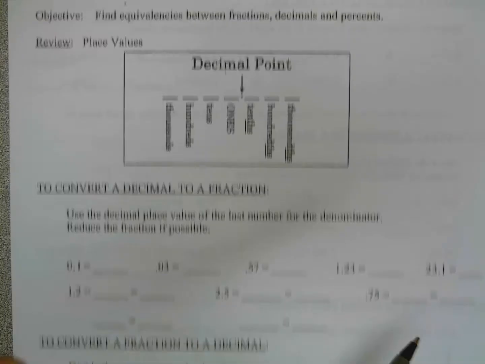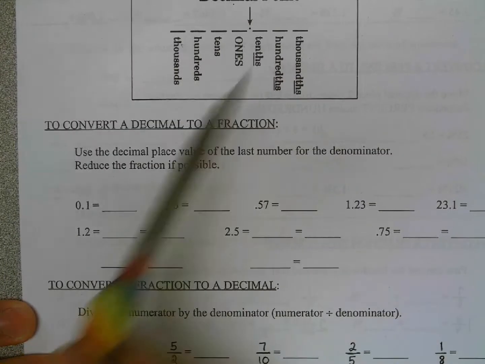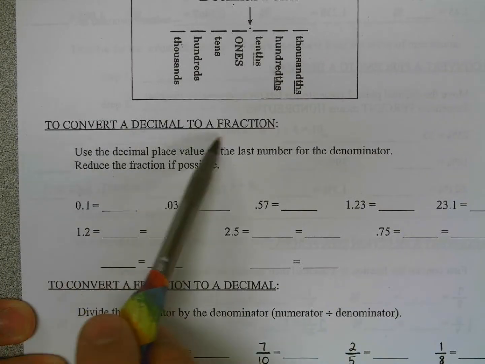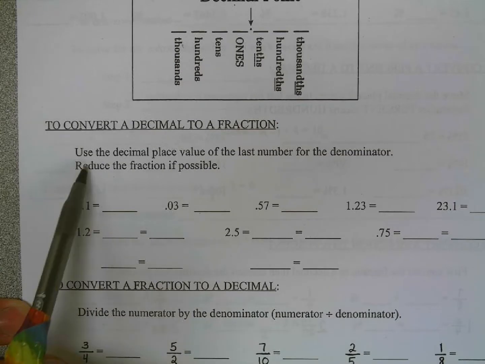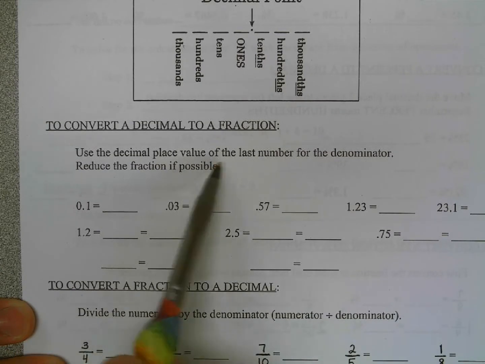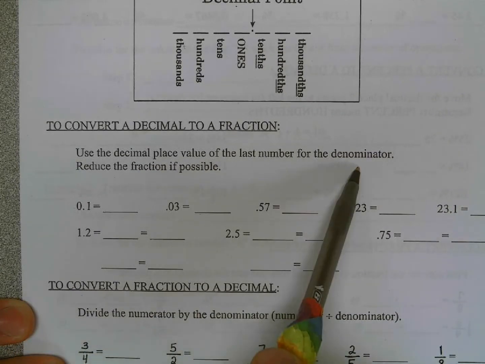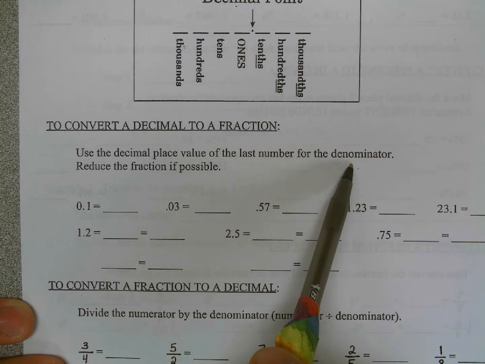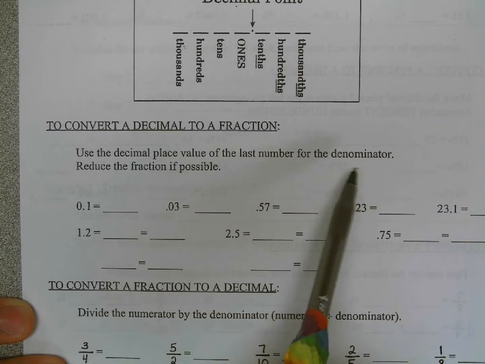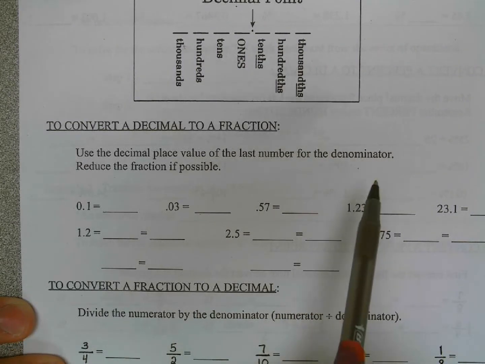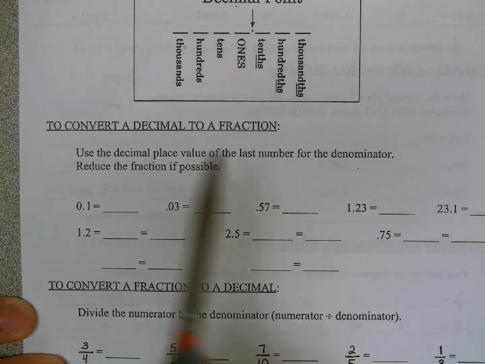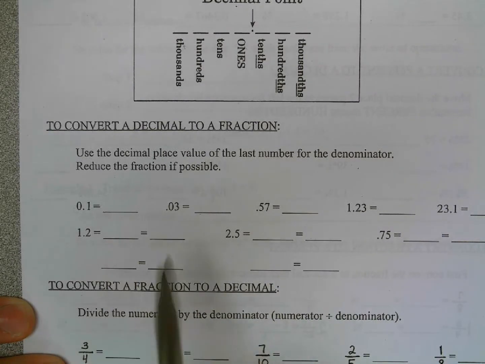So in our notes today, we're going to go ahead and convert our decimal to a fraction. Use the decimal place value of the last number for the denominator. That means the bottom. Denominator, that's bottom, that's low. Numerator, that's the number at the top. And the decimal number we'll use as our numerator, all right?